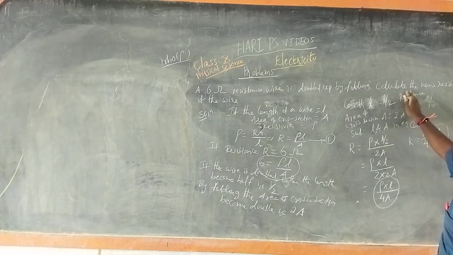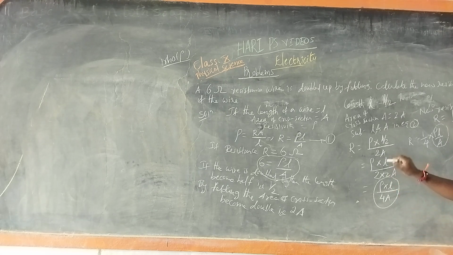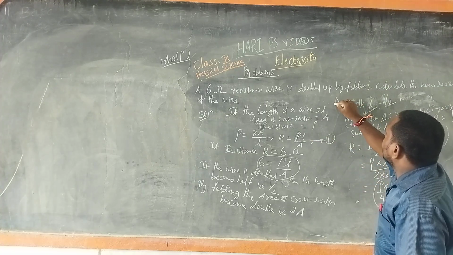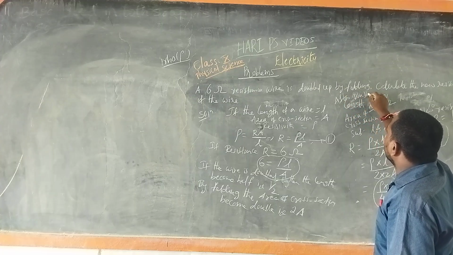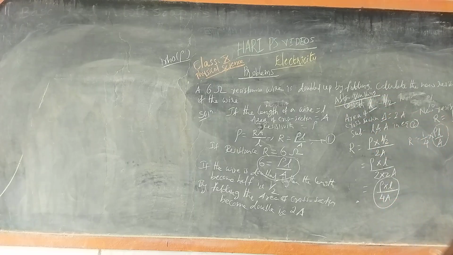So the new resistance R is equal to rho into L by 2 into 2A. I just substituted the L and A values here. After doubling, the length becomes L by 2 and the area of cross section becomes 2A.